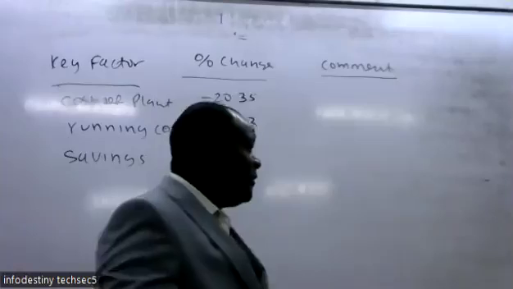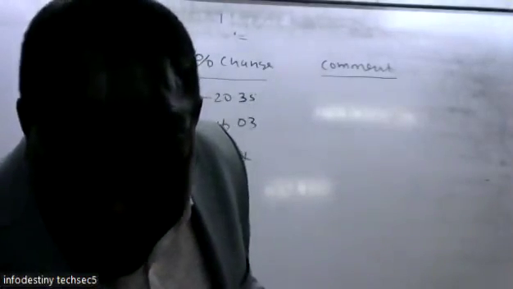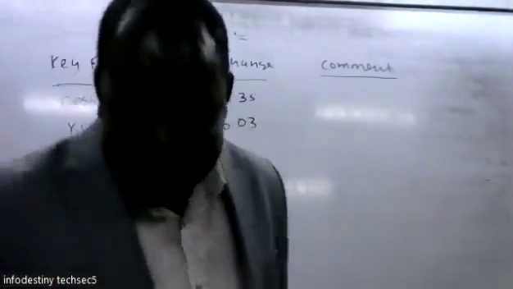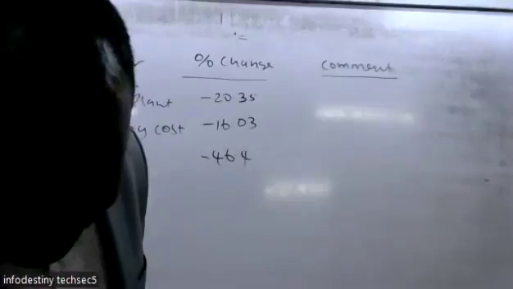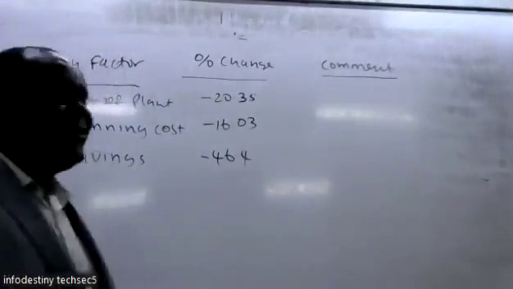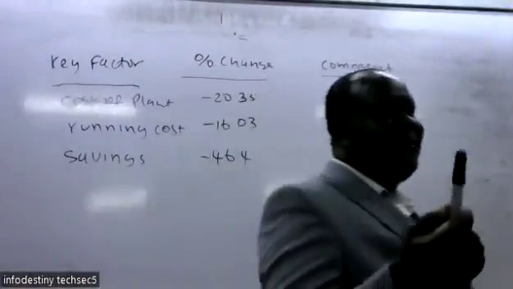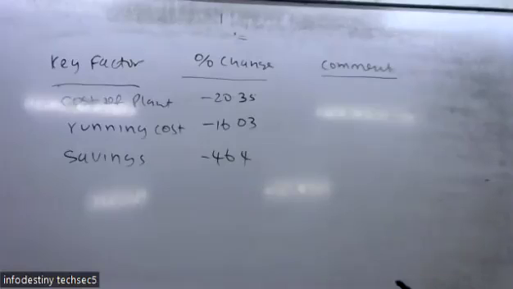So always, even if you have not done the question, because they were simply asking you to comment on the factor which is most sensitive, just speak anything to do with the revenue in the question, which is the savings. It is obvious it will be the one which will have reduced NPV by a very big margin.